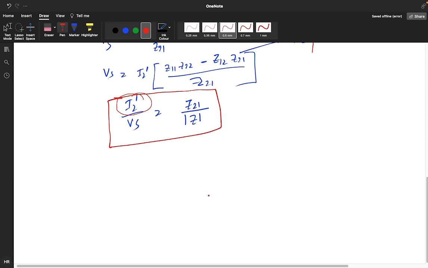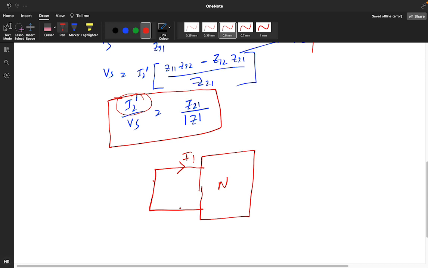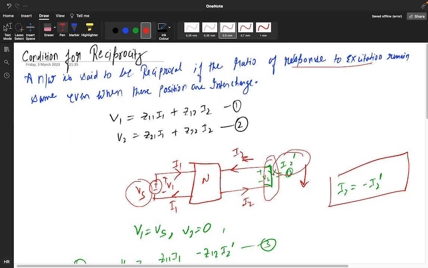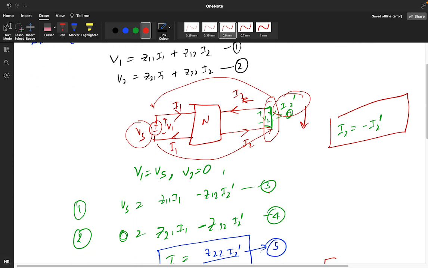In the second case, we take the same network. This is your I1, positive negative V1. You are short circuiting this side, meaning interchanging. You are bringing this here and this here. This is known as interchanging.